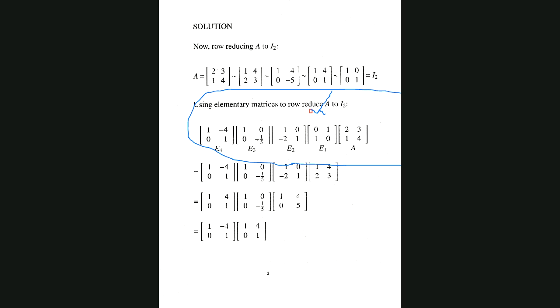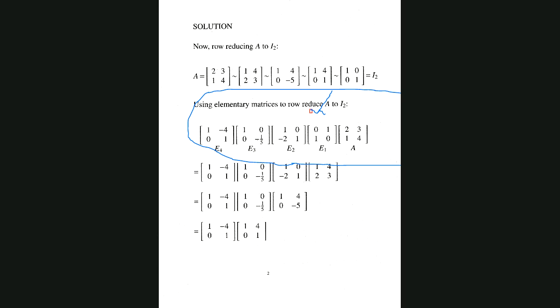It swaps the first and second rows. As you can see, we get 1, 4, 2, 3. Okay, so far are we okay?